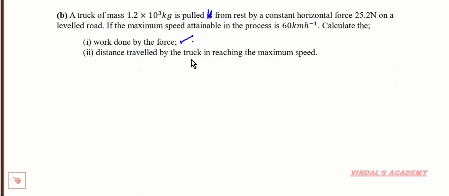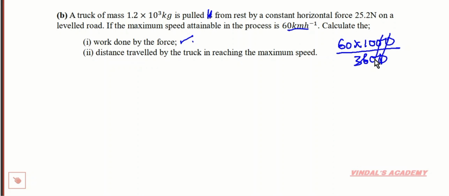Please, let's solve this. First of all, I'm having a problem here. Why? Because this is kilometer, which is not part of the SI unit, so I'm going to convert from kilometer per hour to meter per second. That can be done by saying 60 times 1000 divided by 3600.